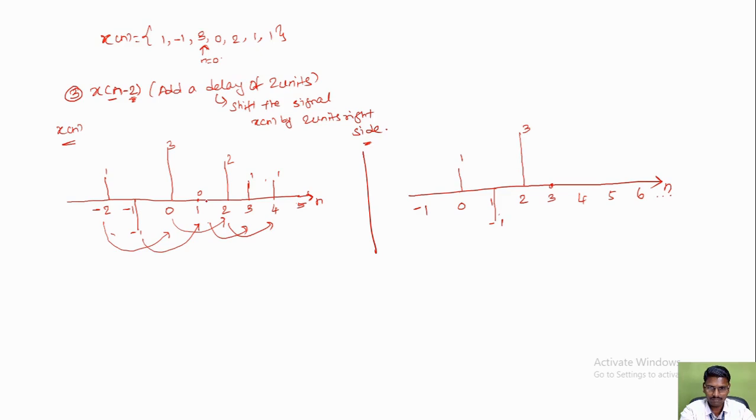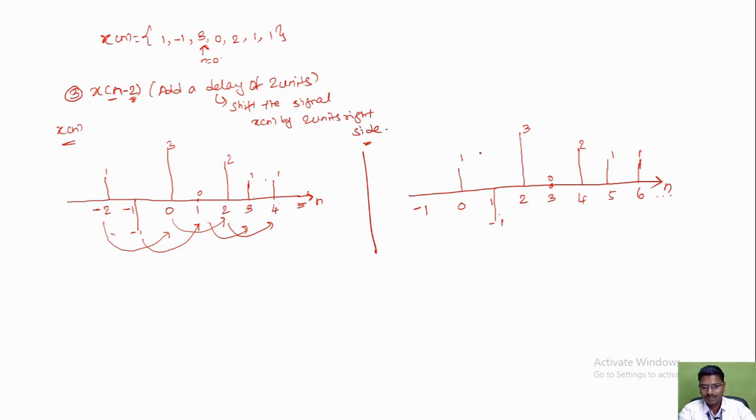Next, sample 4 will have 2, and samples 5 and 6 will have 1 and 1. So this is my x of n minus 2, right?